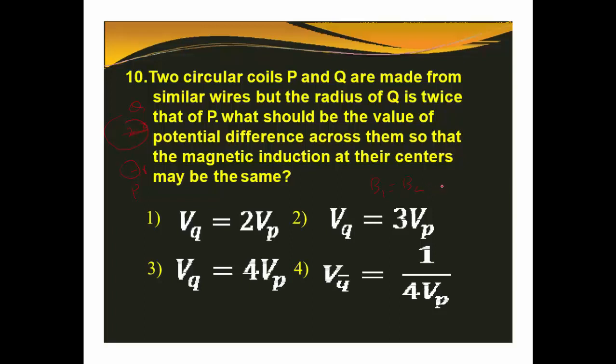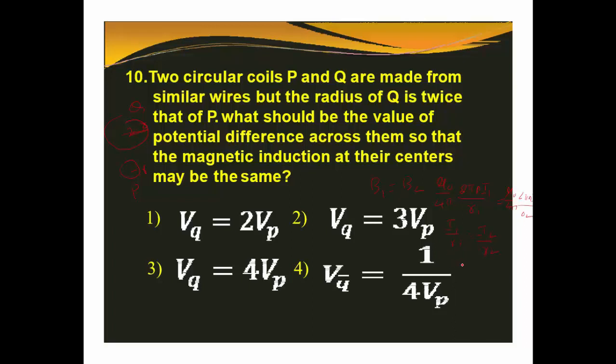So the formula gives mu naught by 4 pi, 2 pi N i1 by R1, equal to mu naught by 4 pi, 2 pi N i2 divided by R2. After these cancellations, we get I1 by R1 equals I2 by R2.